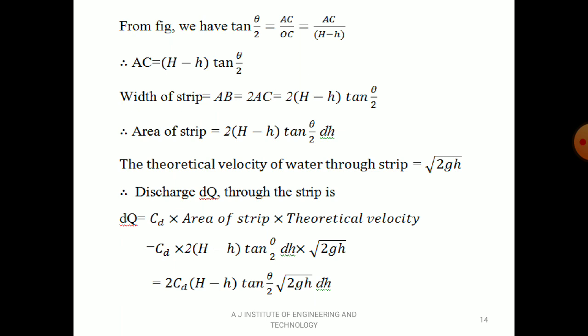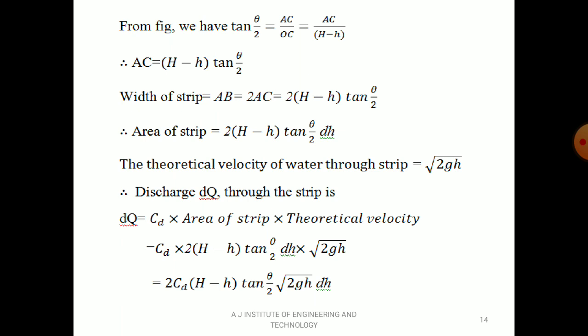Then the theoretical velocity of water flowing through the strip is equal to square root of 2gh. So it is a small letter h, just remember this is not capital letter H, it is with respect to the small element. So therefore discharge dq through the strip is given by dq equal to Cd into area of the strip into theoretical velocity. Cd is for calculating actual discharge.